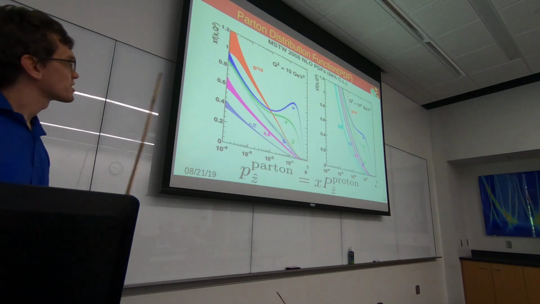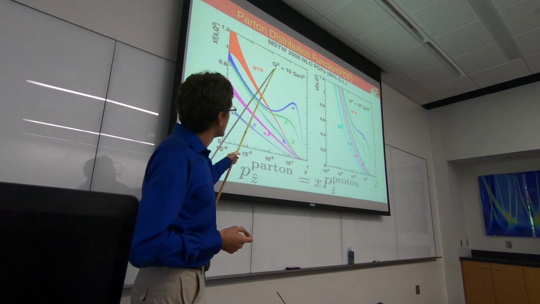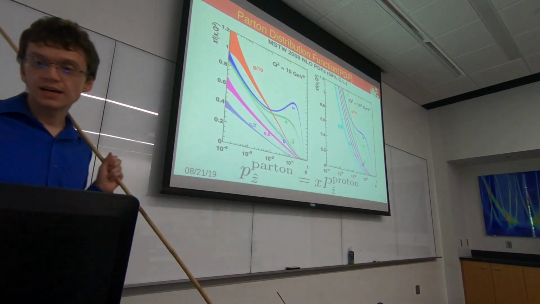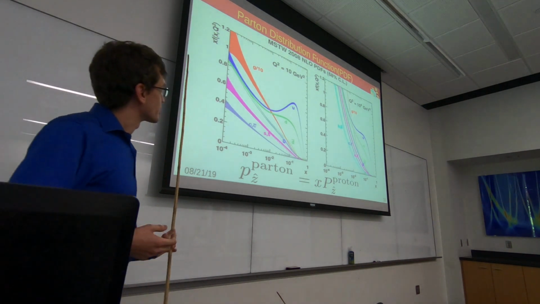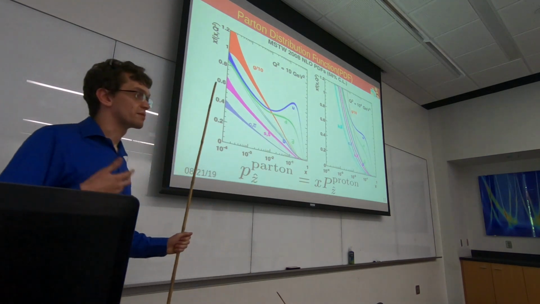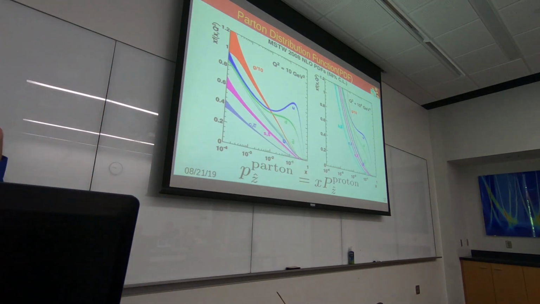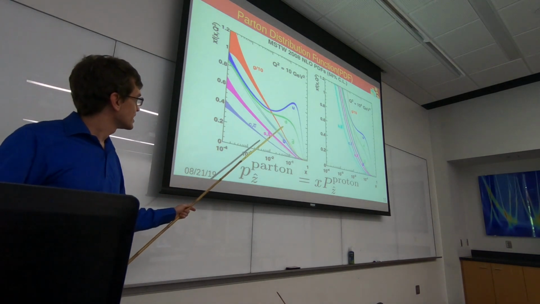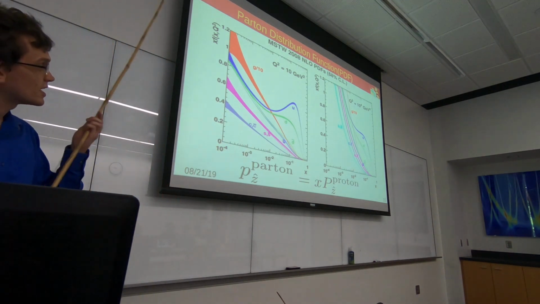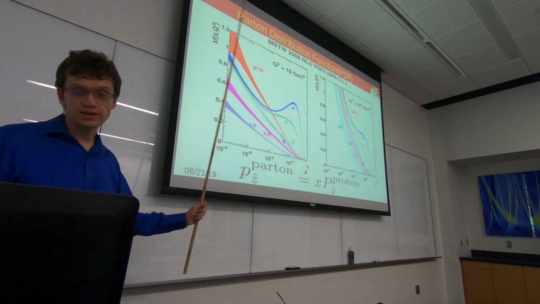As seen in both plots, where these are different Q squared levels, the majority of the momentum is carried by the real quarks, with the up and the down being the two that make up the proton. However, the probability of a virtual particle carrying an appreciable amount of the momentum is non-trivial in both of these, and you can see it gets higher at a higher Q squared.